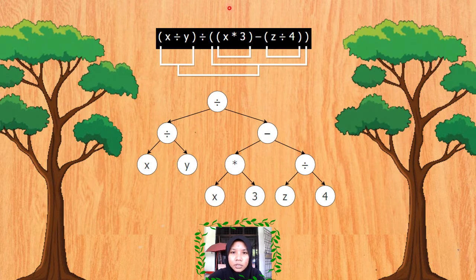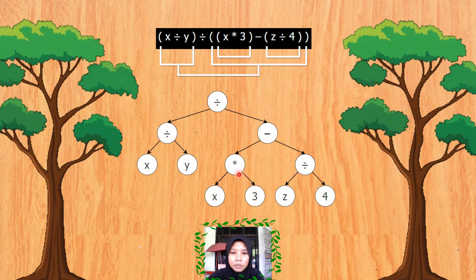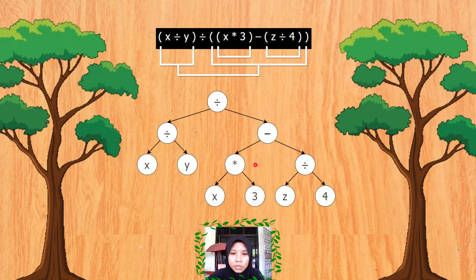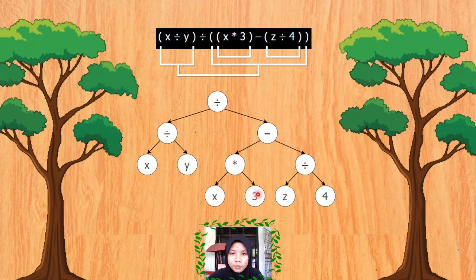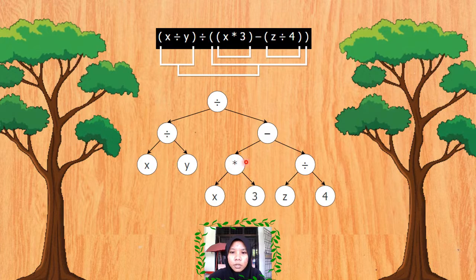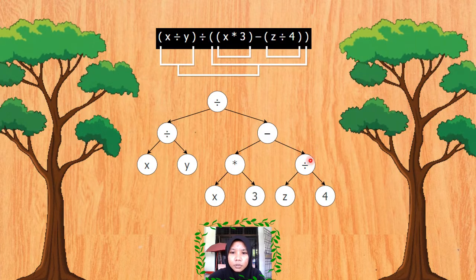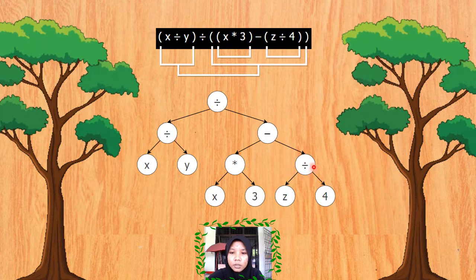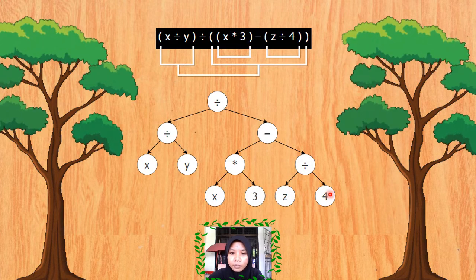And then we do the right side. We do the inner bracket first. So we do the left, x multiply 3. So multiplication will be the root of x and 3. And then on the right side, inner bracket z divide 4. So division will be the root for z and 4.